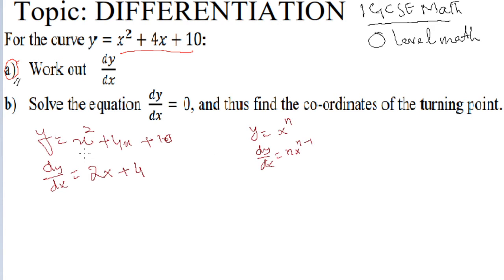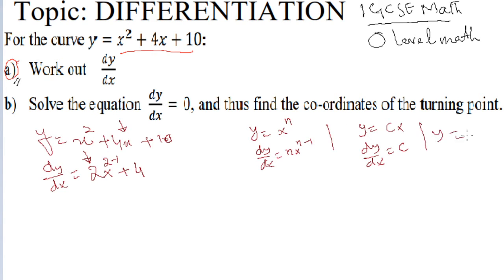The same thing I'm doing here: 2 into x power 2 minus 1. And then I said if y is equal to constant times x, you will get dy dx equal to only c. So here, this is 4x, so the derivative is coming 4.